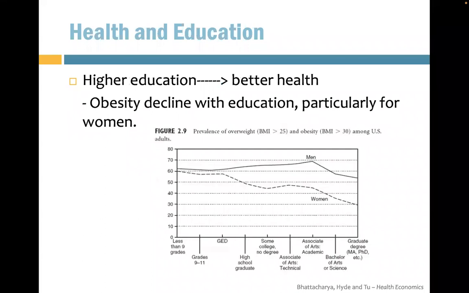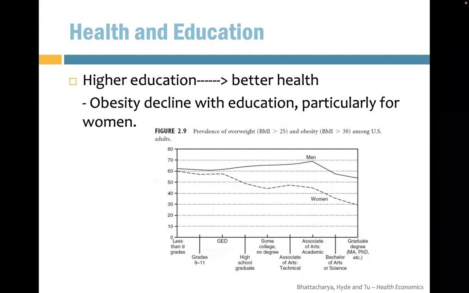Here is some more evidence for health and education. People find that higher education can lead to better health. If we look at the prevalence of overweight and obesity, as education increases, from left to right, there's higher and higher education.